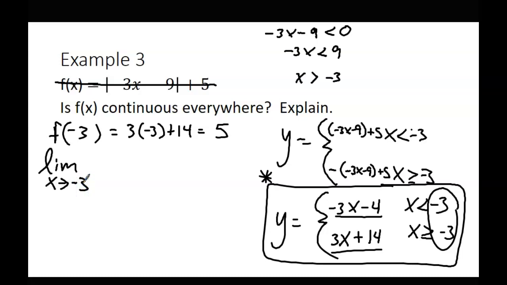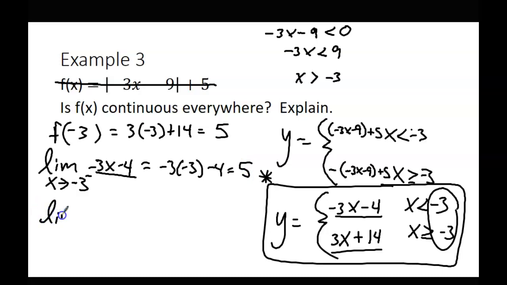From the left. Now if I'm doing it from the left, which piece do I use? The top. And since this is continuous, I could just do direct substitution, correct? So let's do that. Negative 3 times negative 3 minus 4 is 5. Looking good so far.